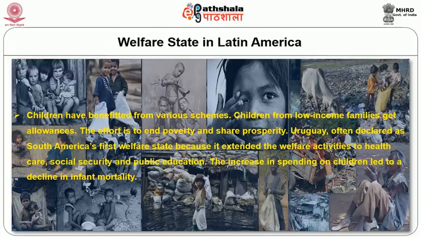Uruguay is often declared South America's first welfare state because it extended the welfare activities to healthcare, social security, and public education. The increase in spending on children led to a decline in infant mortality.